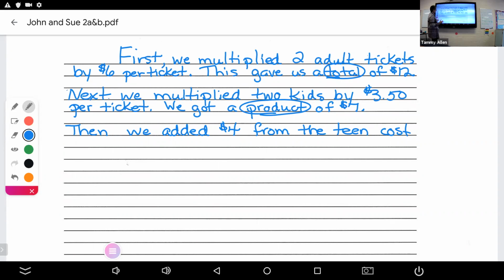We added $4 for the tea cost with $7 from the kids cost, with $7 from the kids' tickets.